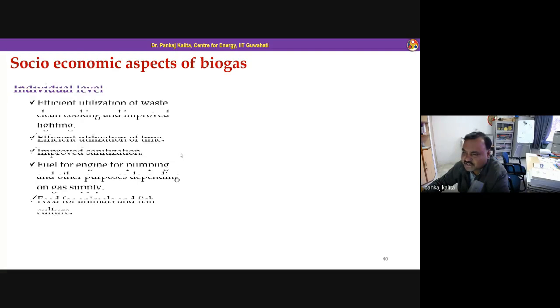And also we can study some social aspects of biogas plants. At the individual level, efficient utilization of waste can be done by employing this kind of biogas technology. Also, we can improve cooking and lighting, and efficient utilization of time. Then improve sanitation, fuel for energy, fuel for engines for pumping and other purposes depending on the gas supply, and feed for animal and fish culture.